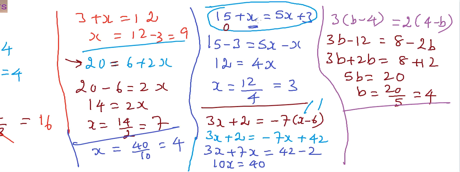The degree of this x is 1. So this is also 1, this is 0. So what is the degree of this equation? 1, because the highest degree among the different degrees of the terms is 1. So therefore it's a linear equation.